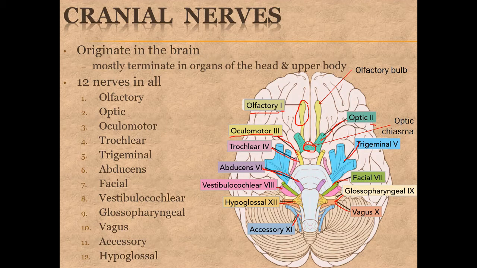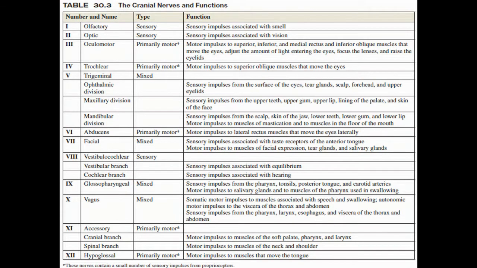That will be very important on your practical and most likely exam for the lecture section. This table just goes over what exactly each of the cranial nerves does and the type that it is, because it's either sensory or primary motor, and some of them are mixed.